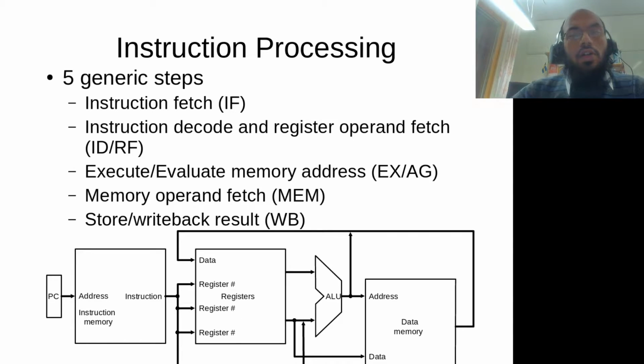Okay, this is how instruction processing looks generically. So you have the program counter. We talked about the stages, but now we're going to cut them a bit. The program counter points to some address in memory and fetches the program, and then the instruction is decoded. So you have an instruction decode to know what that instruction is.